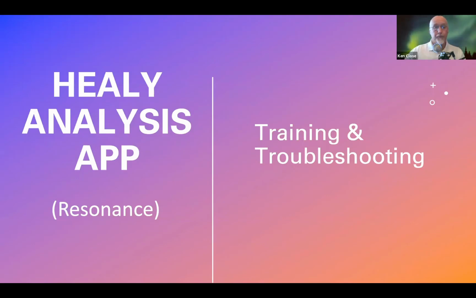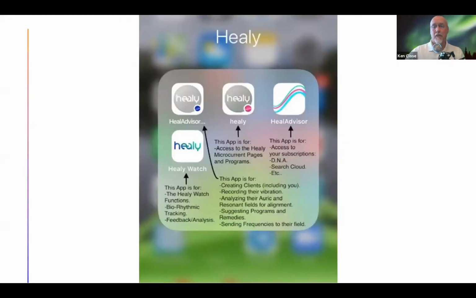Okay, so these are the apps that Freddie had talked about. On my screen, I have them in a specific Healy little file, and this is what they're for. I refer to these a lot of times by the dot color. So we have the Healy blue dot, the Healy pink dot, the HealAdvisor with the swooshy lines like Freddie mentioned, and then the Healy watch.